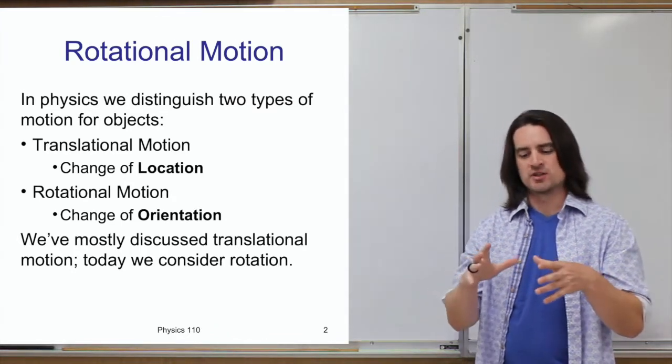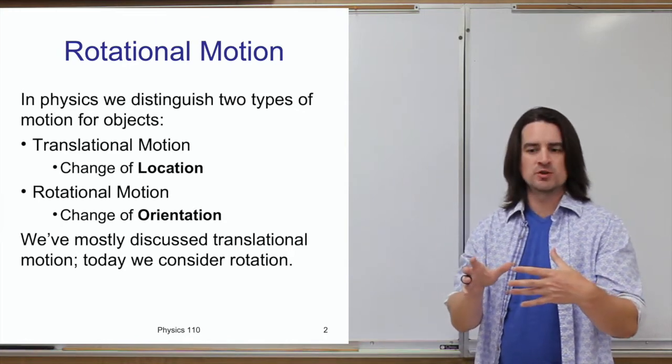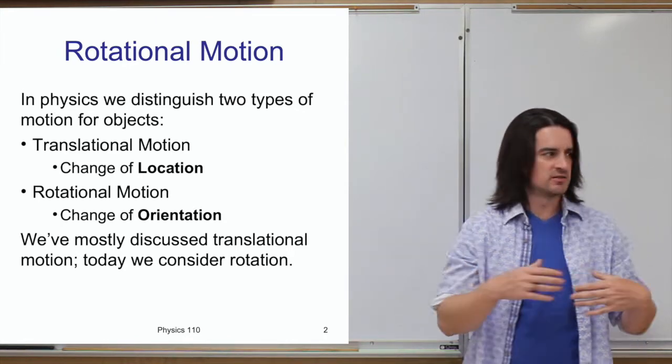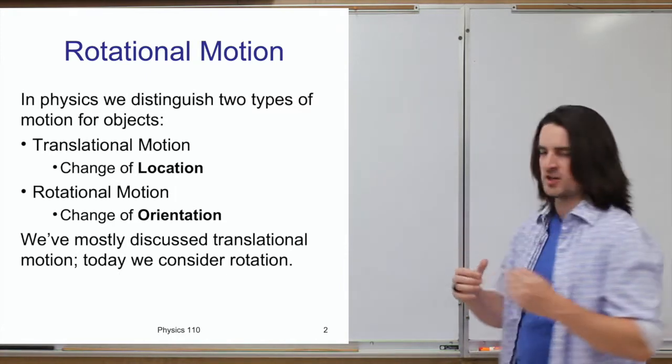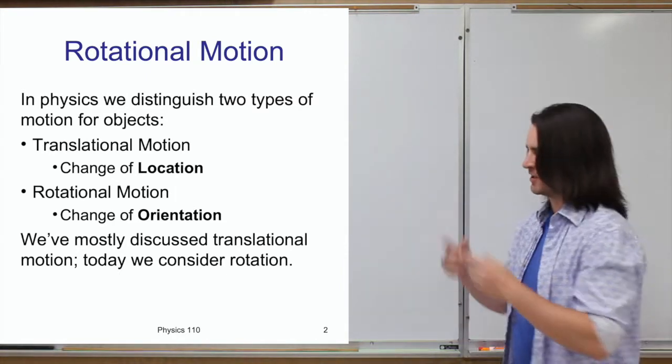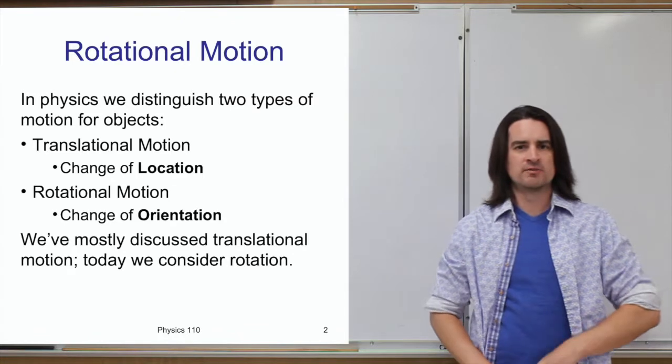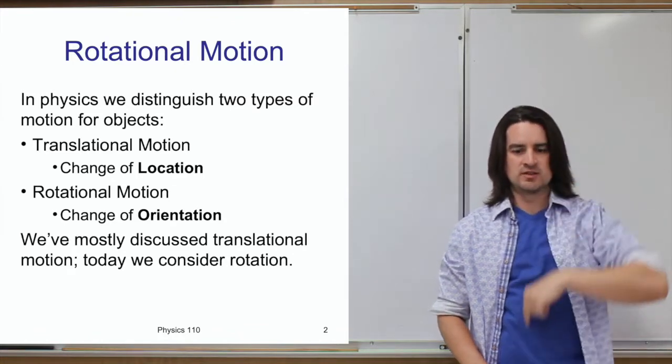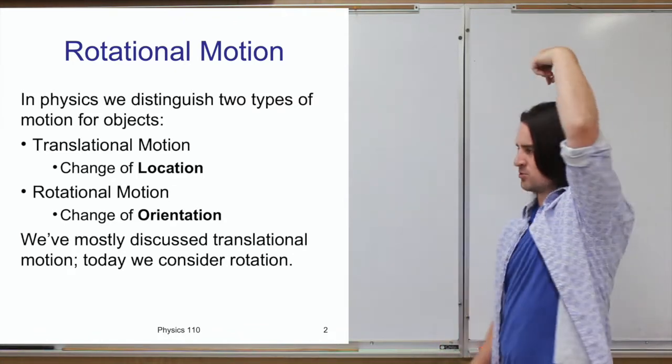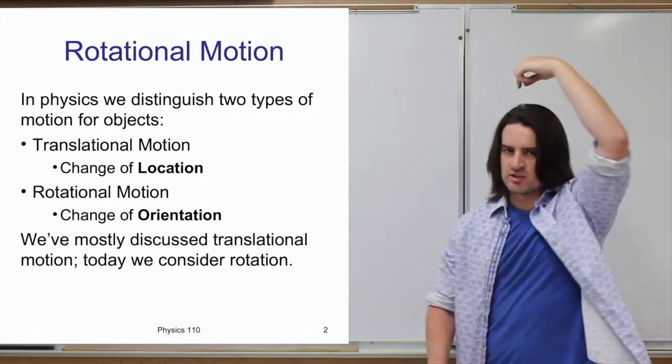There's rotational motion where you're just rotating around yourself. Like if I start rotating, if I imagine a line that goes vertically through me, I'm just twisting around that line. Right? So that's a rotation.